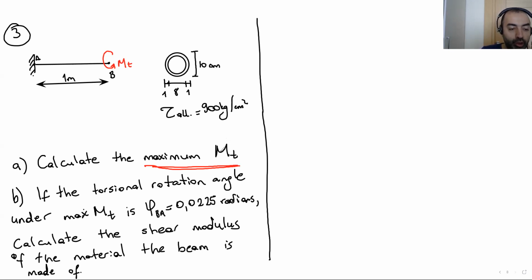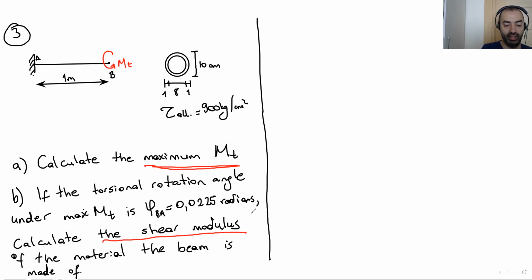If you solve this wrong, you can't solve the B. That's why you have to solve this basic part correctly. You have to be careful. In the second part, under this maximum moment, if the rotation angle is 0.0225 radians, calculate the shear modulus of the material the beam is made of.